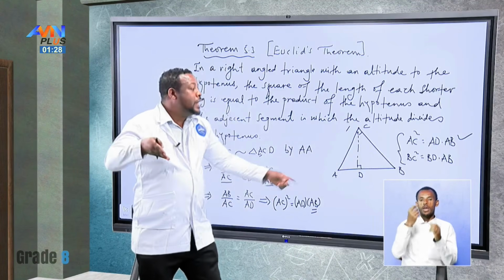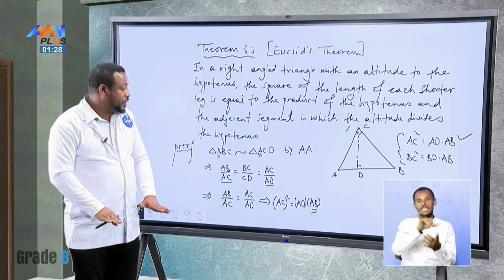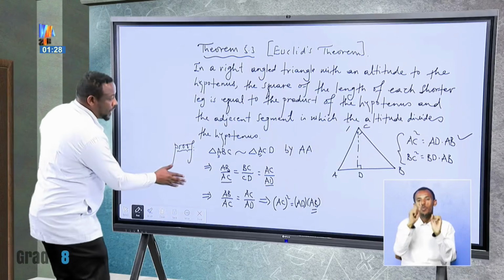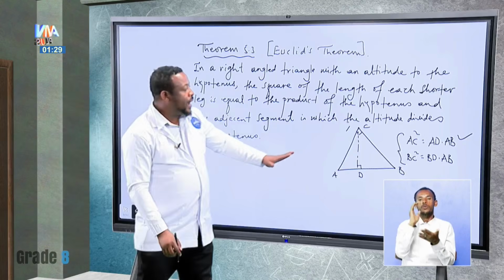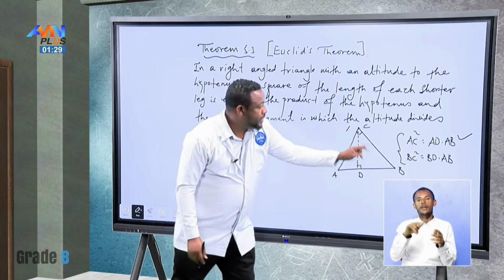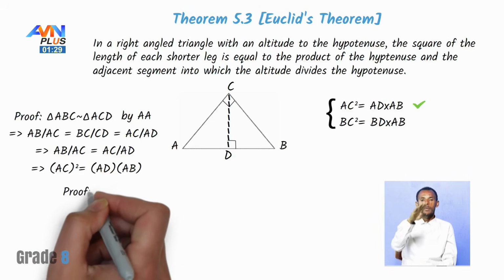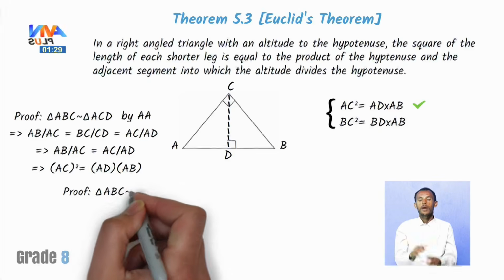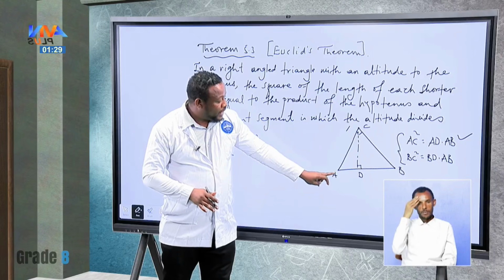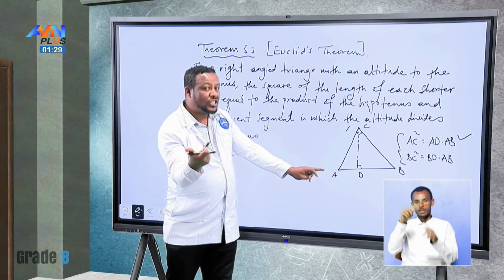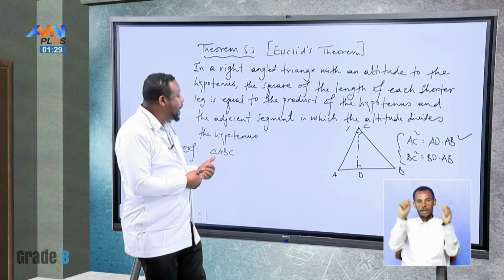We can obtain the second formula by taking another similar triangle. To prove the second formula, again take the bigger right triangle ABC, and we have already taken ACD. Now let's find another triangle which is similar to ABC.